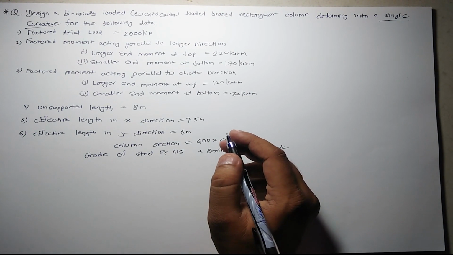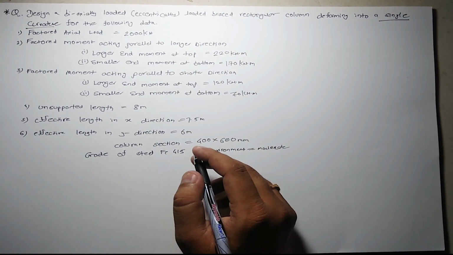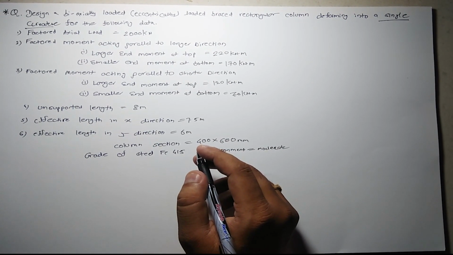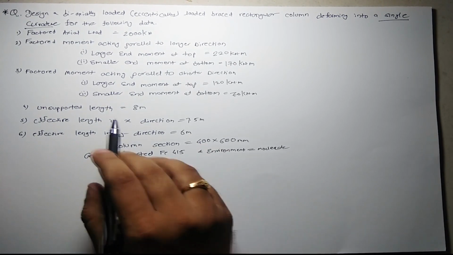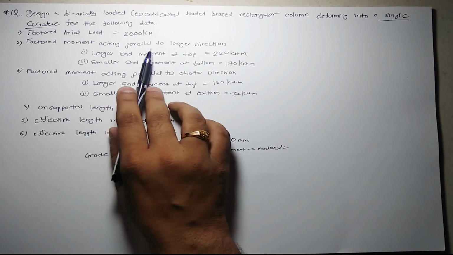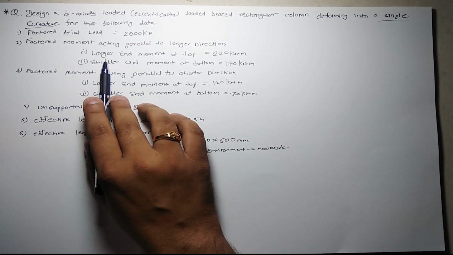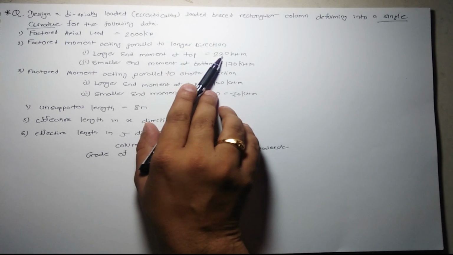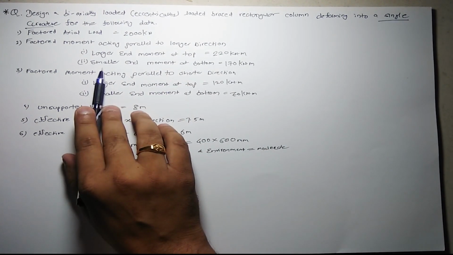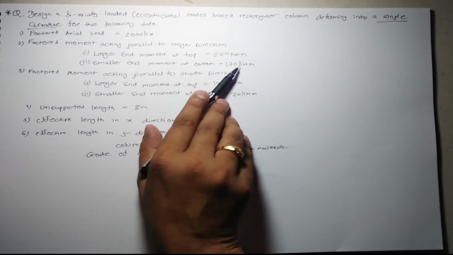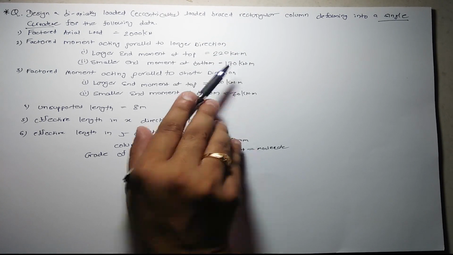In that, axial load is given as 2000 kilonewton. Then factored moment acting parallel to the long direction: the larger end moment at top is 220 kilonewton meter, smaller end moment at bottom is 170 kilonewton meter.